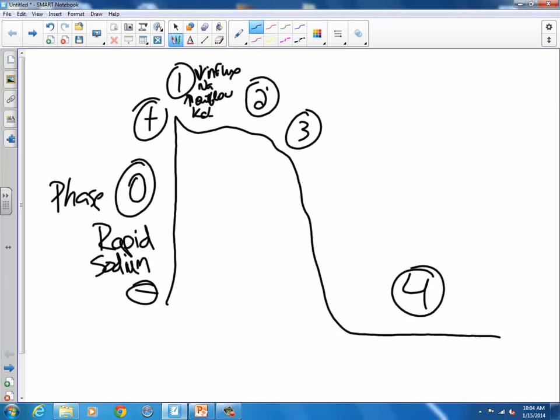So then we get to phase 2. Phase 2 is also called the what? The plateau phase. What happens in phase 2? Alright? What comes in?